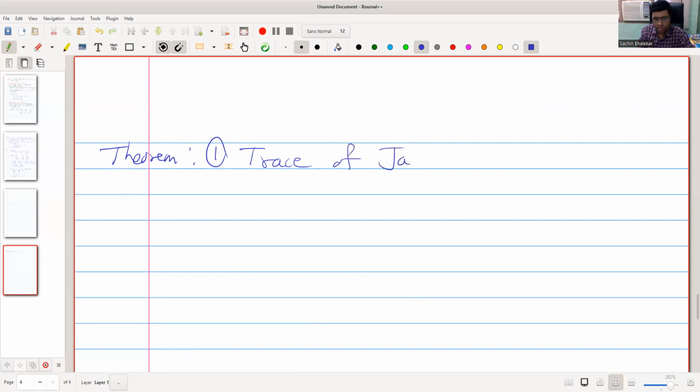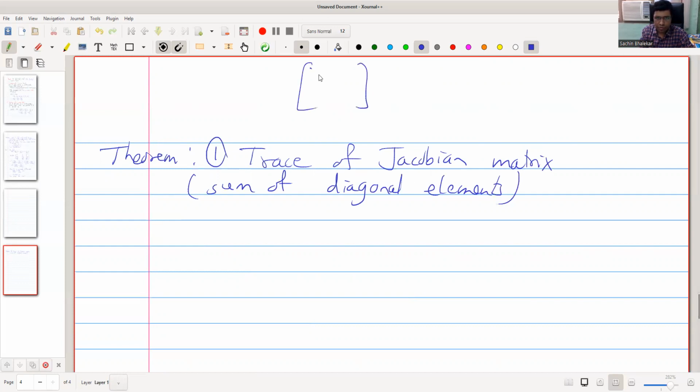So if we have this matrix, then the addition of all these diagonal elements. Here we are taking the Jacobian matrix of capital F. The trace of the Jacobian matrix of capital F is the divergence of F.